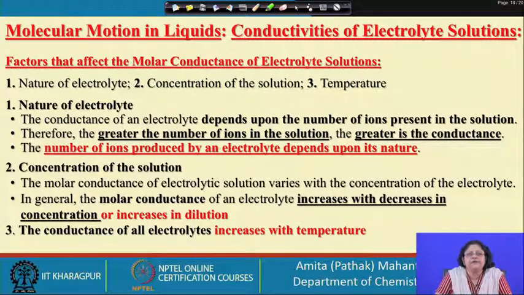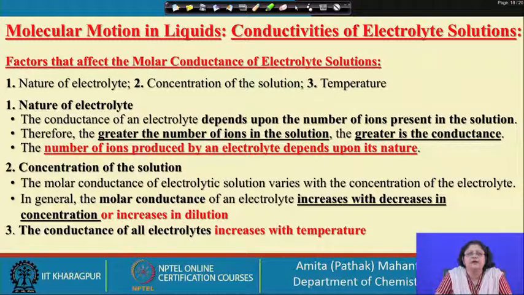Now, the concentration of the solution. You just see we have taken concentration of the solution. The molar conductance lambda of an electrolyte varies with the concentration.